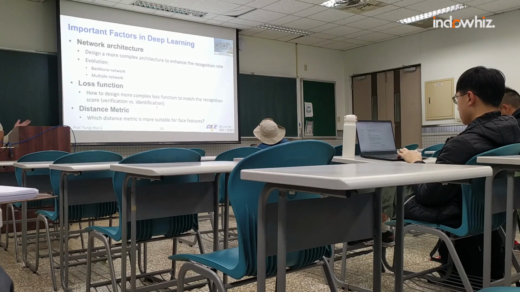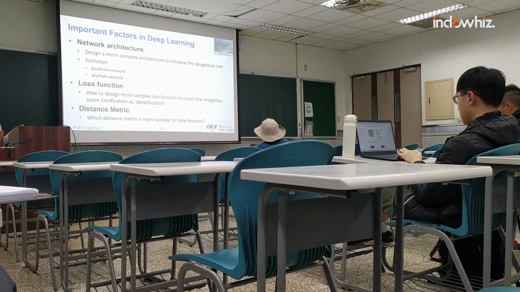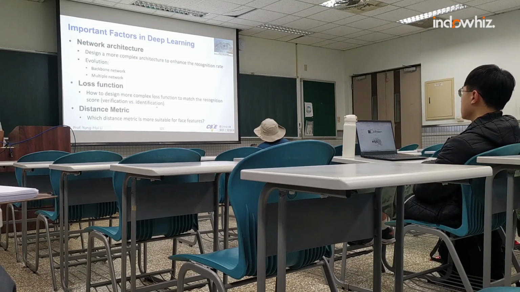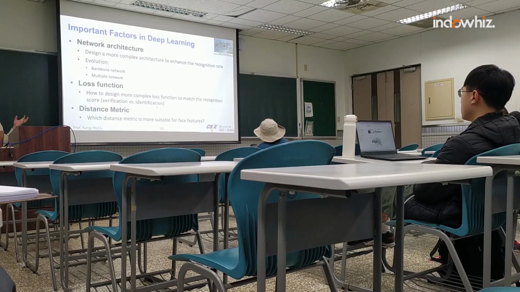Whether you are doing face verification, which is 1-to-1, or face identification, which is 1-to-n. These two tasks are quite different. So depending on which task you are doing, you can design different loss functions, and then your model will train to perform better in one of these tasks.